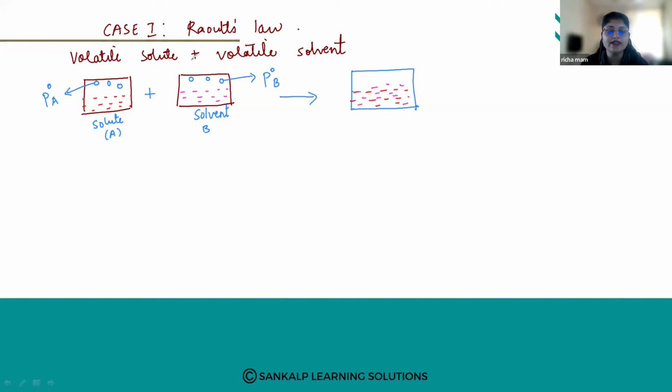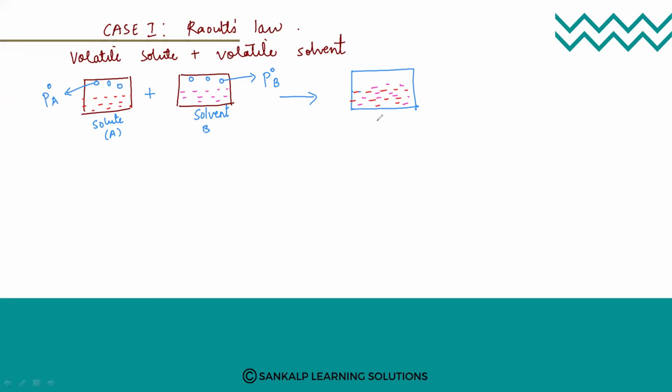Now what will be present? Your molecules will be present, vapors, right? In the solute also vapors will be present, and in the solvent also vapors will be present at the surface.